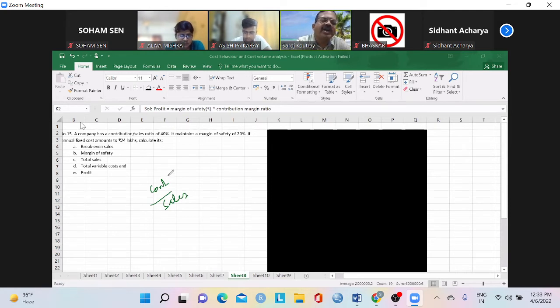Now, how do we get contribution? We get contribution when we deduct variable cost from sales: sales minus variable cost is equal to contribution.